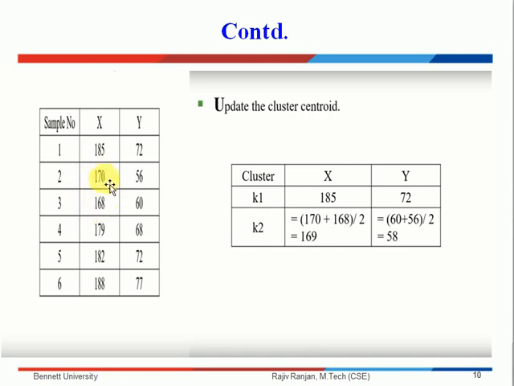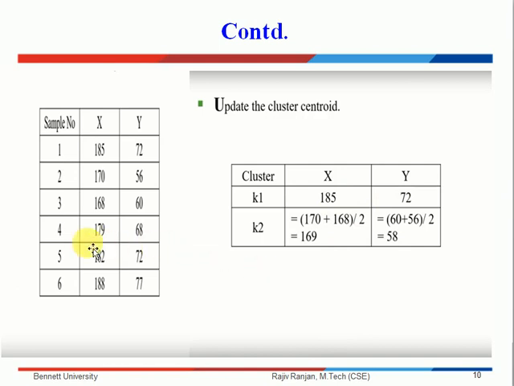So we add these numbers: 168 plus 170 upon 2 is 169, and 60 plus 56 upon 2 is 58. So 169 and 58 will be the updated centroid value for cluster number 2. Further computation will be done based on these, so remember this.